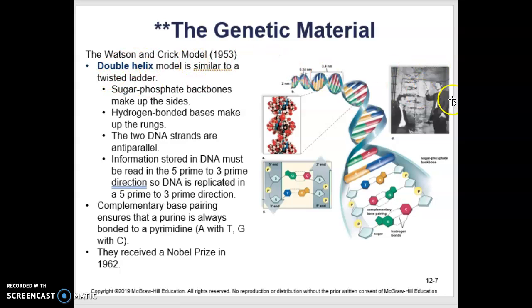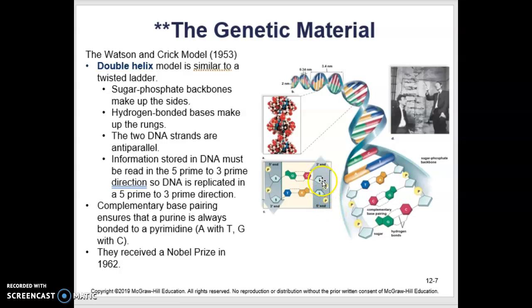And Watson and Crick actually did this together. They published their paper and actually received a Nobel Prize. And what they found out was the backbone, or the rungs, not the rungs, the sides of the ladder. If we think about the twisted ladder that DNA is, think of the sides of a ladder. Those are sugar and phosphates connected together. You can see phosphate, sugar, phosphate, sugar.